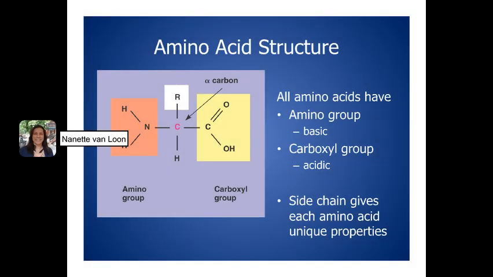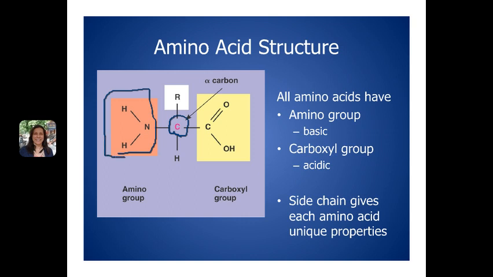The basic structure of an amino acid is shown in this slide. All free amino acids have an alpha carbon, which is this carbon that we see here in the middle. And the alpha carbon is surrounded by 4 different groups. There is always an amino group.